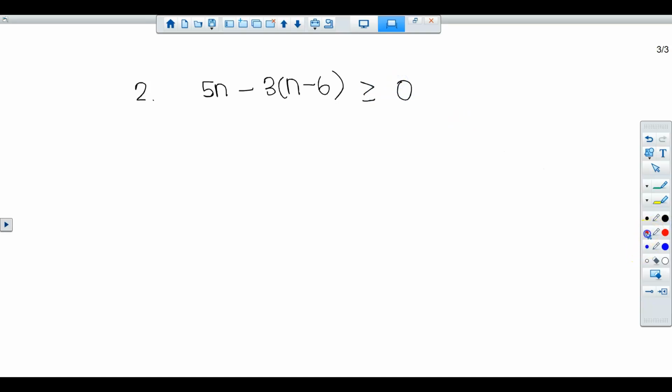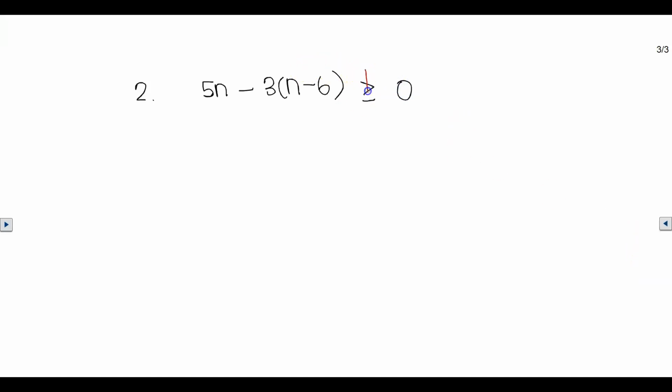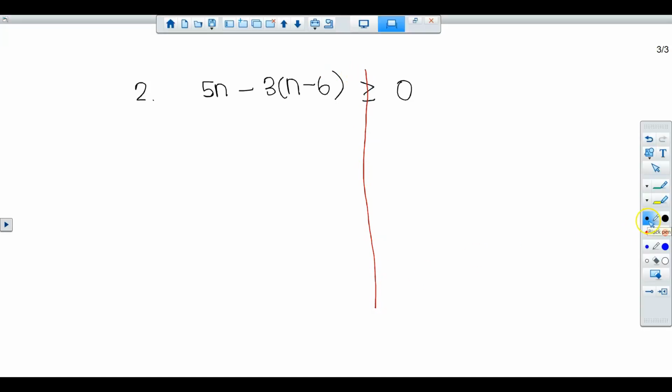All right, on our next one, let's do 5n minus 3 times n minus 6 is greater than or equal to 0. So step 1.